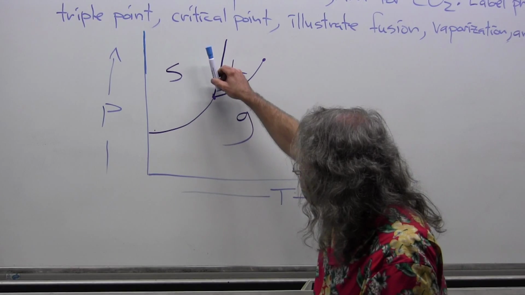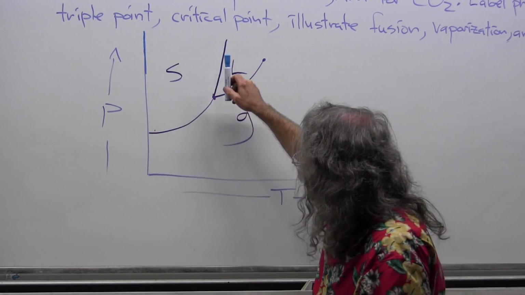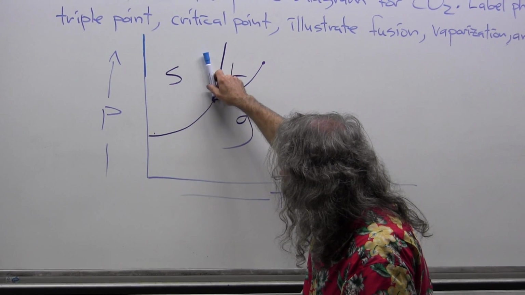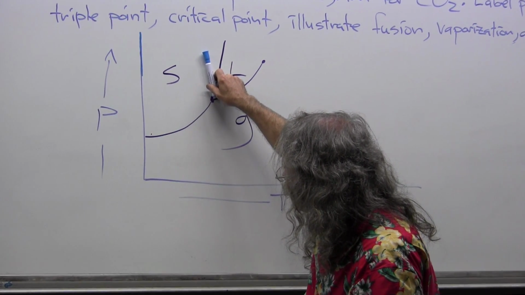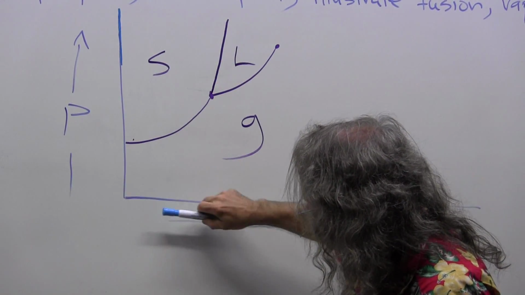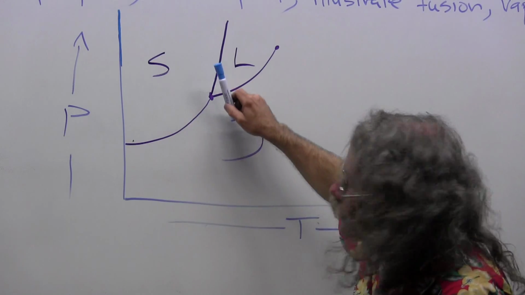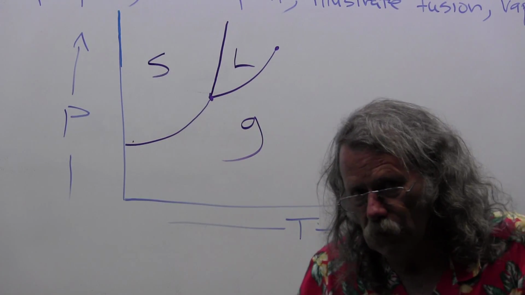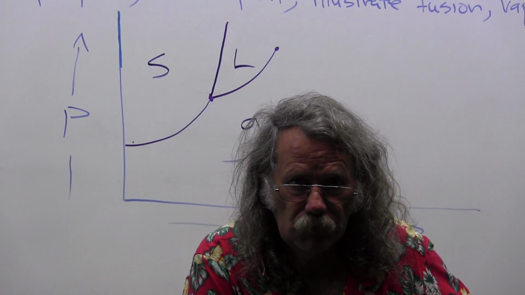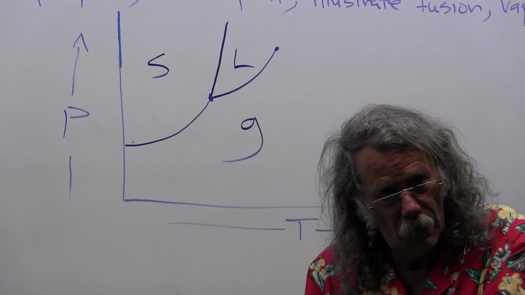But when you skate on solid water, ice, because the slope of this line is negative, as you increase the pressure, you lower the temperature at which the melting occurs. And so you're actually sliding along on a thin layer of water that freezes as soon as you pass over it. So that's why you have all your weight placed on that blade.